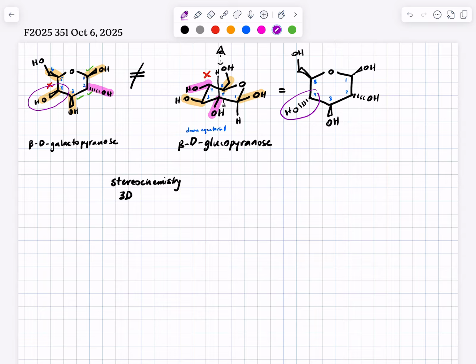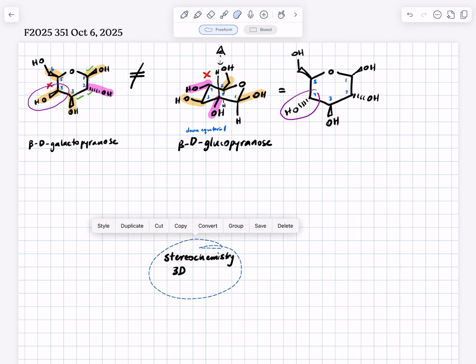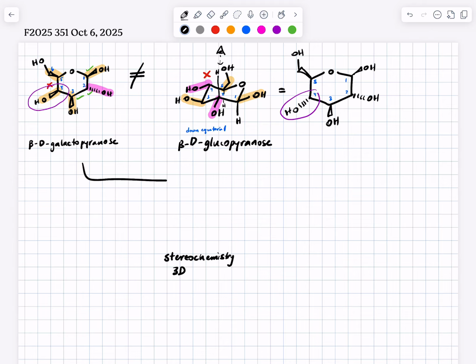Okay? So these are examples of a kind of isomer called stereoisomers. Stereoisomers have the same connectivity, meaning all the atoms are bonded to all the same atoms.